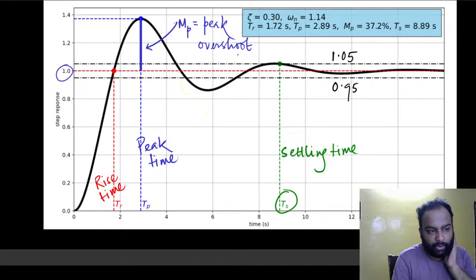So for this particular example, we have calculated everything, and we shall see how we can manually calculate everything later on in the next class. So just keep that in mind. Again, I shall give you the animation that I made so that you can play with it.